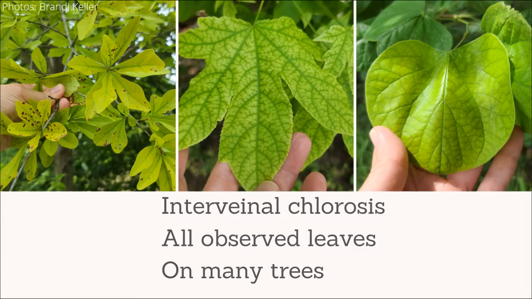We don't know for sure, but in general, seeing that wide of an issue, it would be some kind of iron deficiency throughout that soil. It may not be because iron isn't there. It's because it's just not available to those plants.